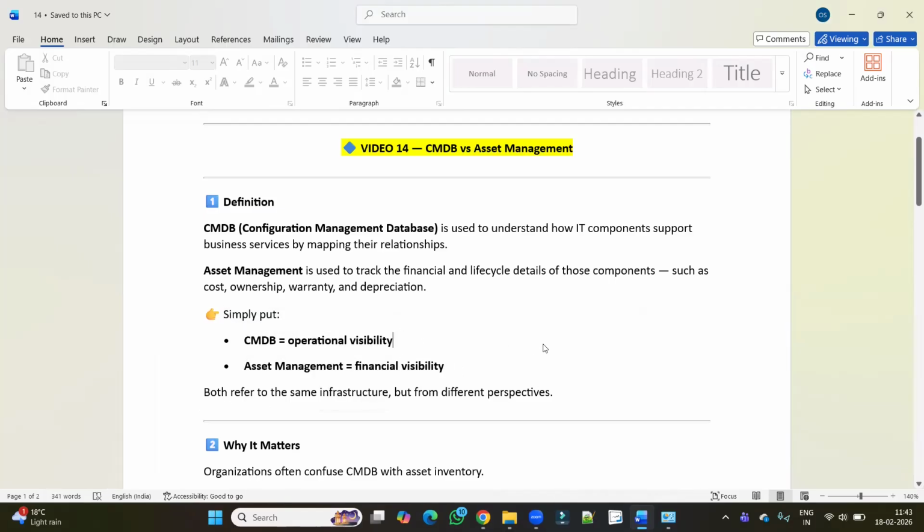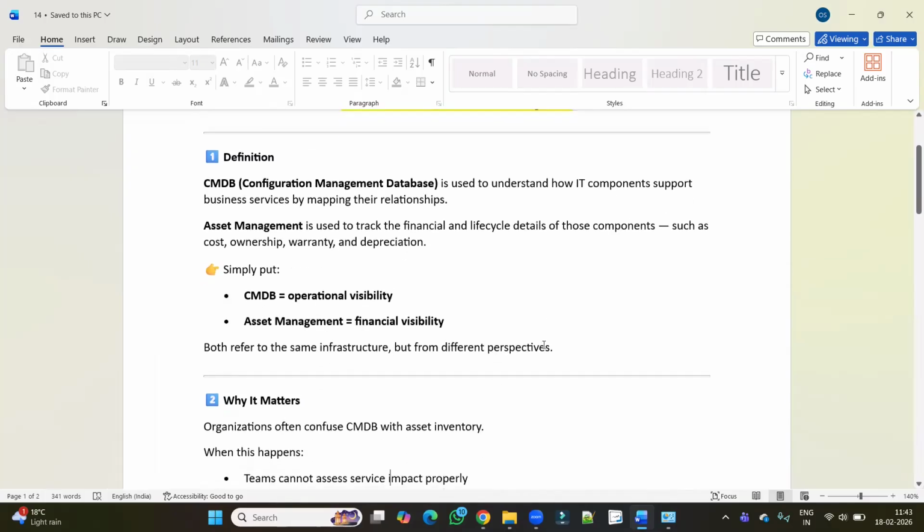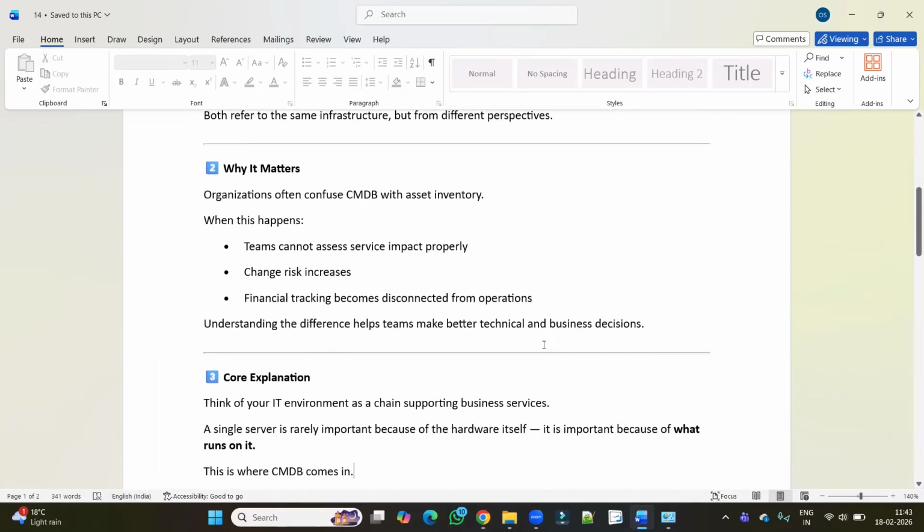Okay, let's move a bit down. So why does it matter? Yes, organizations often confuse CMDB with asset inventory. So people are confused. What is CMDB? What is an asset? And what is the role of each of these? In this confusion, what is actually going to happen? Teams cannot assess service impact properly. Change risk increases.